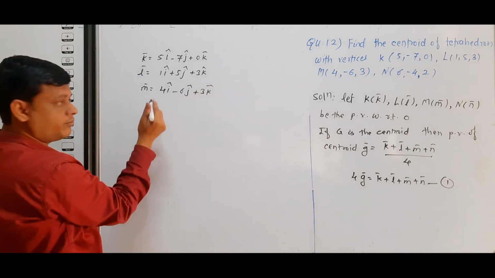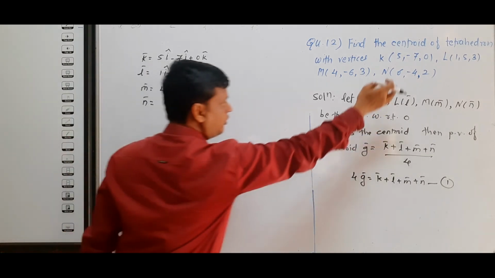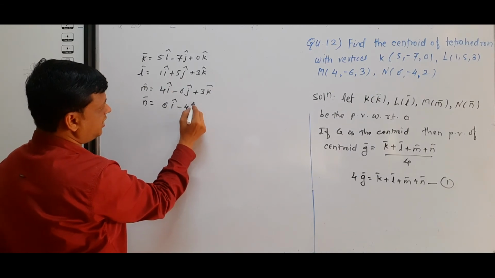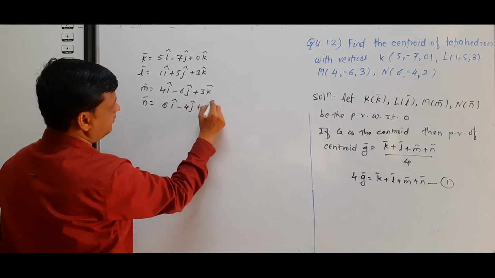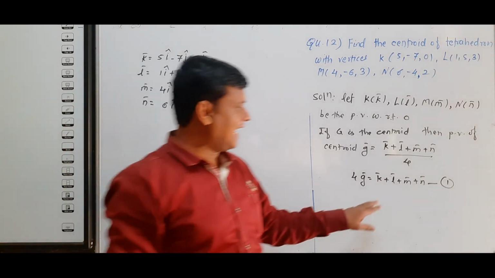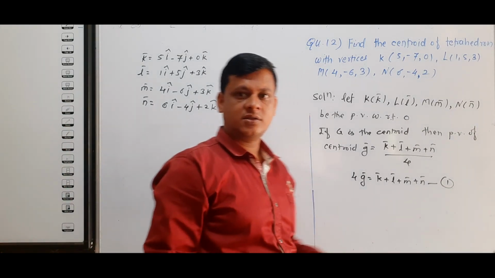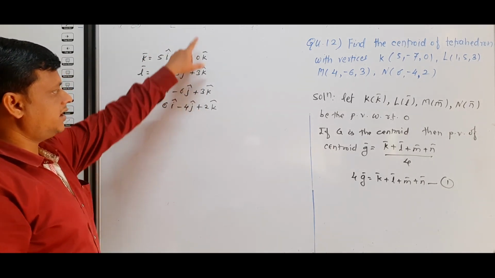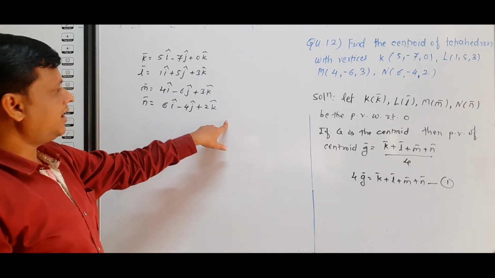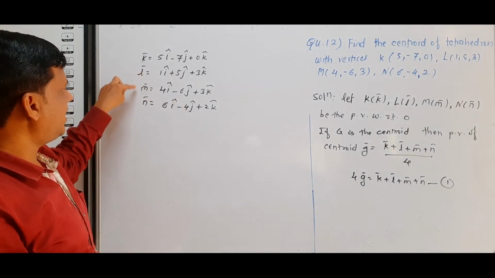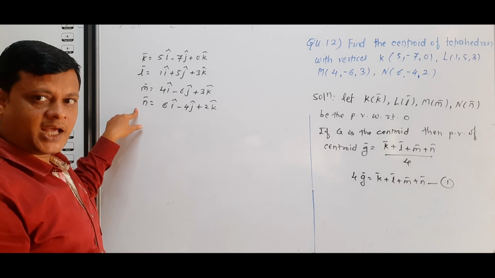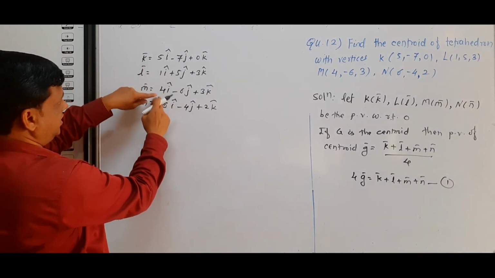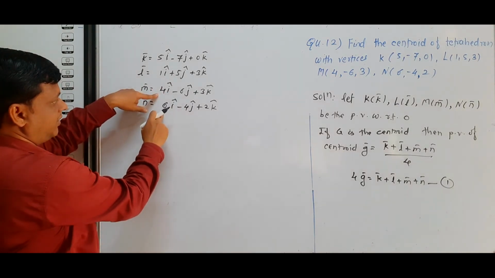N bar equals, from point N, we write here 6i minus 4j plus 2k. Now in RHS we add all these vectors. So we add the unit vector i first, then unit vector j, then unit vector k. See here 5 plus 1 is 6, 6 plus 4 is 10, 10 plus 6 is 16.